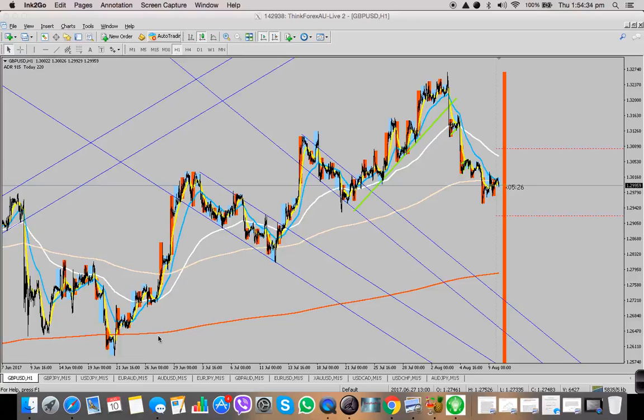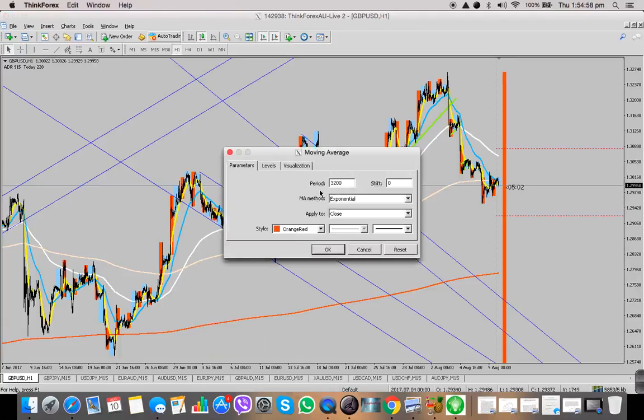By far the only tools that I love using when it comes to price action are my EMAs and the Fibonacci tool, right? On a 15-minute chart, this red line here represents the EMA 200 on a 4-hour chart. So this would be a period of 3,200. We'll do it at exponential close.